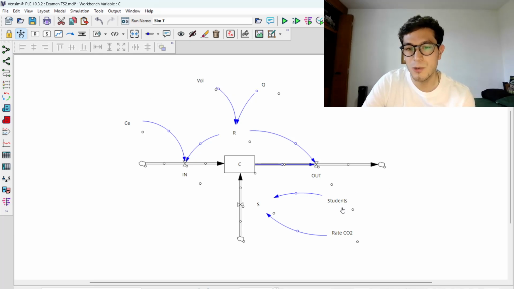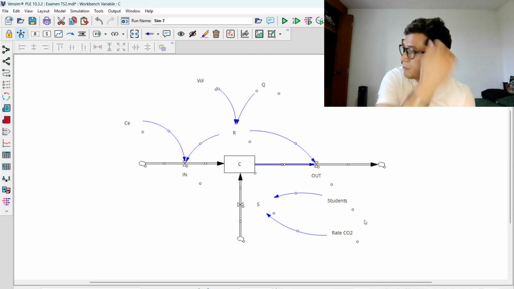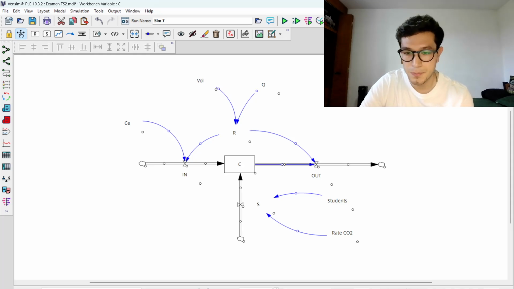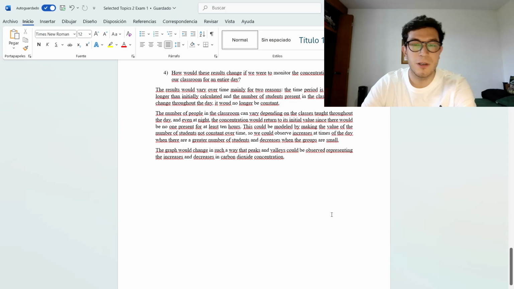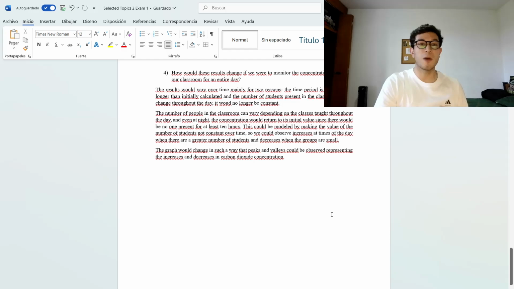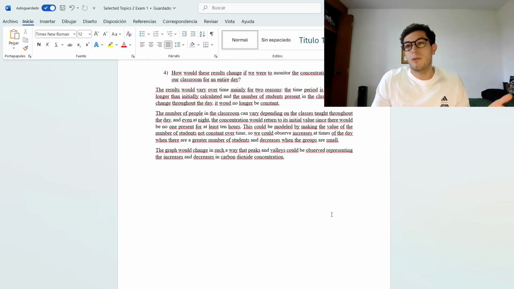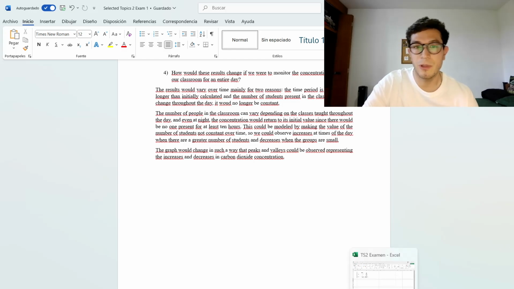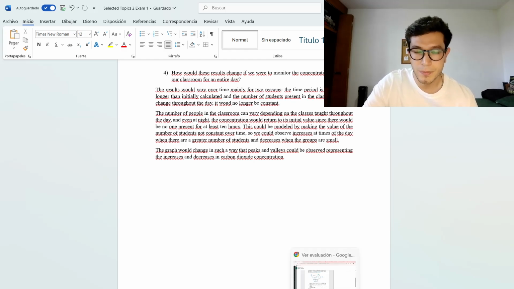I mean, we tried to model how the students vary from time to time. This is because it's not the same number of students in one hour or in one class, and we definitely don't have people coming in or out of the classroom by night.